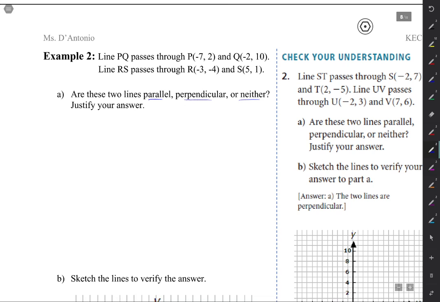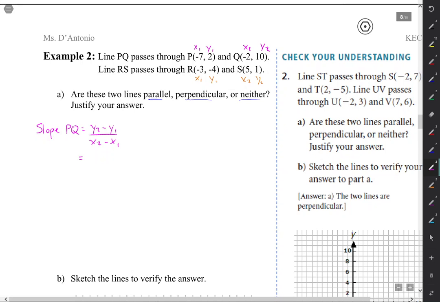So to start off, I'm going to label them x1, y1, x2, y2, because we're going to have to use that formula with these letters in it. So let's start off with the slope of PQ. So that is going to be equal to y2 minus y1 over x2 minus x1.